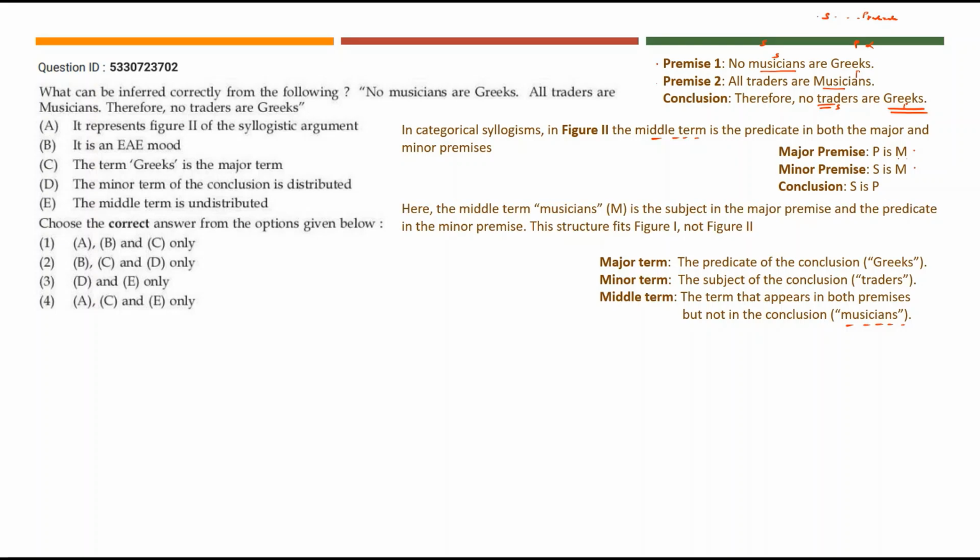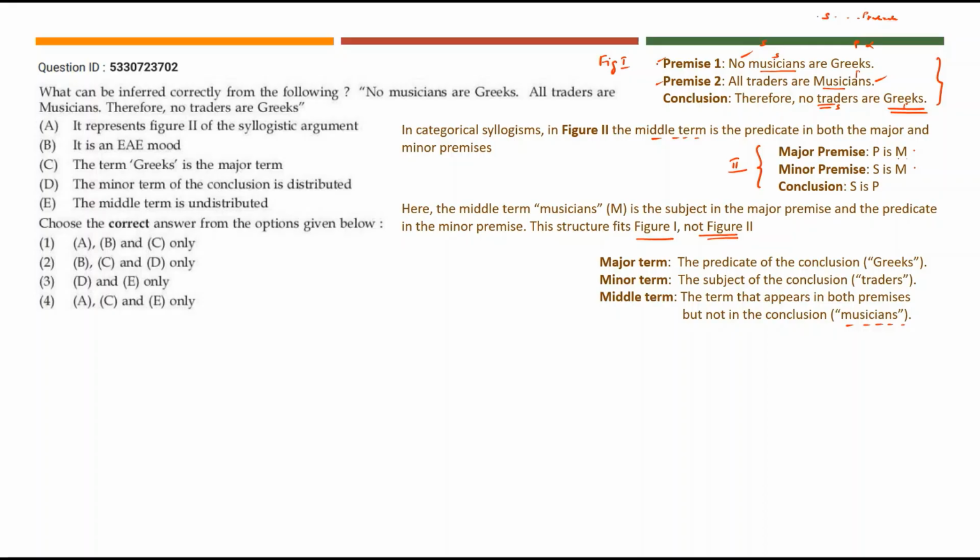The middle term musicians is the subject in the major premise here and the predicate in the minor premise. This one. So they have taken this as major premise and this as minor premise. This structure fits figure 1 and not figure 2. So figure 2 format I have given you here. So the question is representing figure 1 of categorical syllogism.